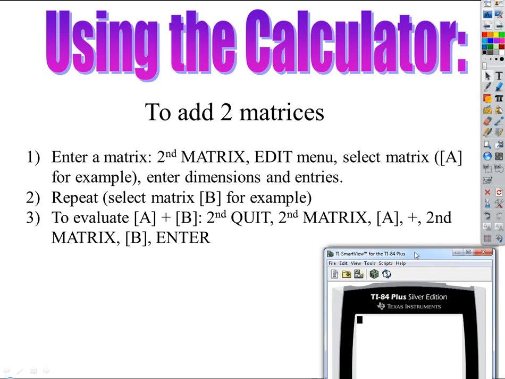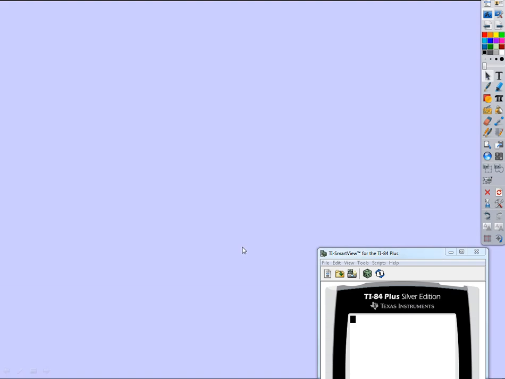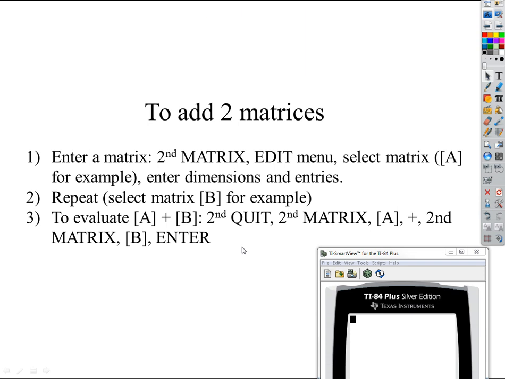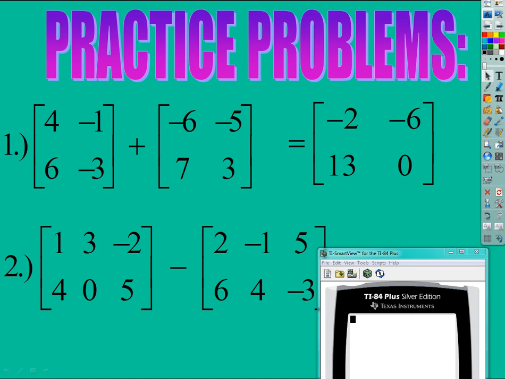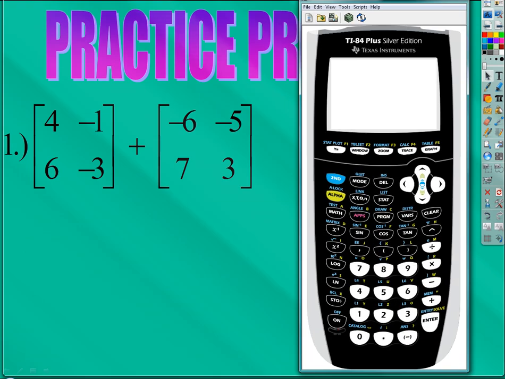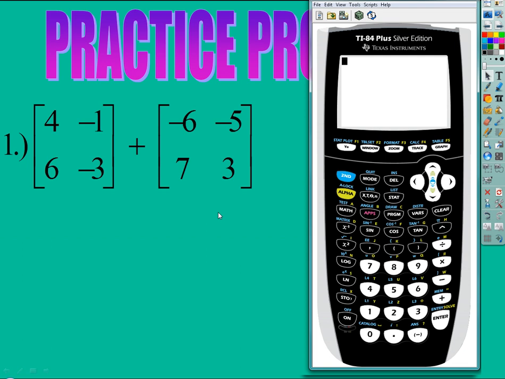So to add matrices, let's just go back to those two. If I wanted to add those matrices on the calculator, here's how you do it.